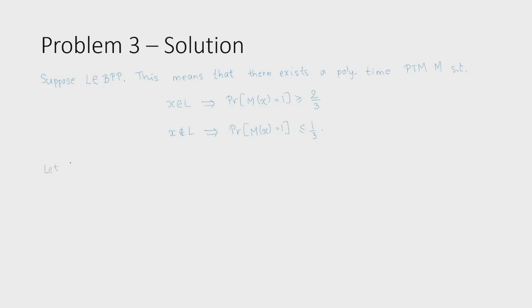So let M' again be the TM. M' would also be probabilistic, so I could write PTM, that repeats M t many times. I would define Xi in a similar way.